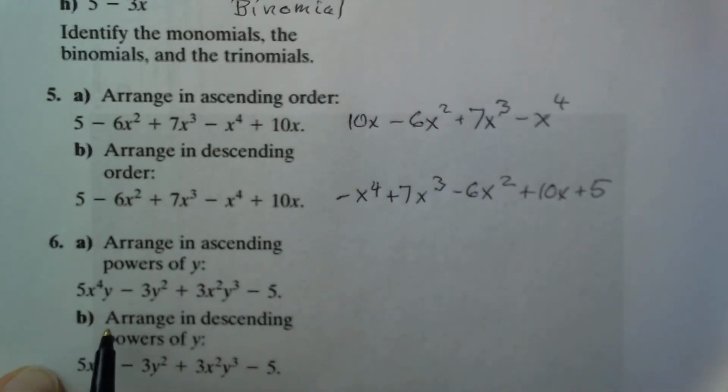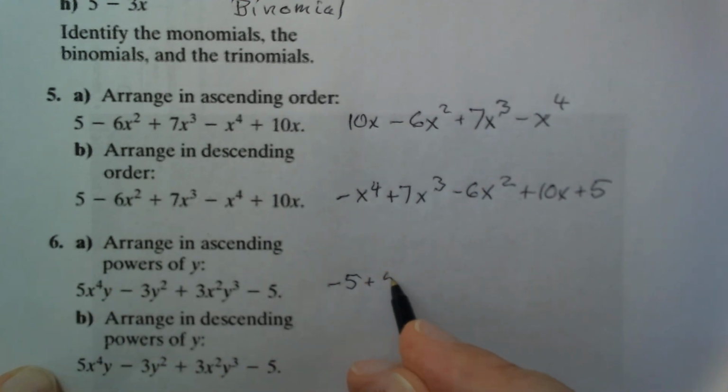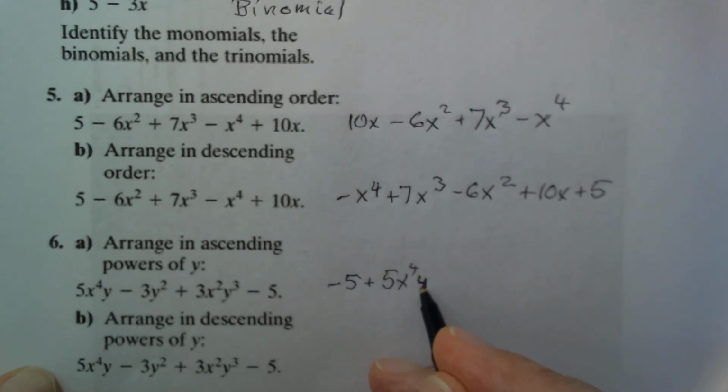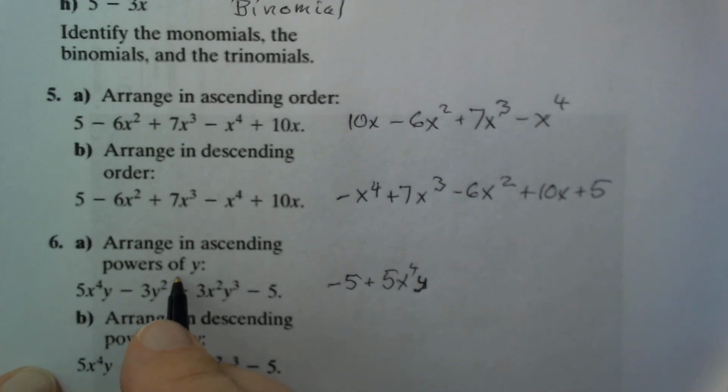In 6a, we're looking at a polynomial that has more than one variable, but we are told to arrange it in ascending powers of y. So with the y to the second power, y to the third, and this constant term. So we begin with a constant term, minus 5, and then here's y to the first power, so we have plus 5x to the fourth y, and remember we only focus on y, ascending powers of y.